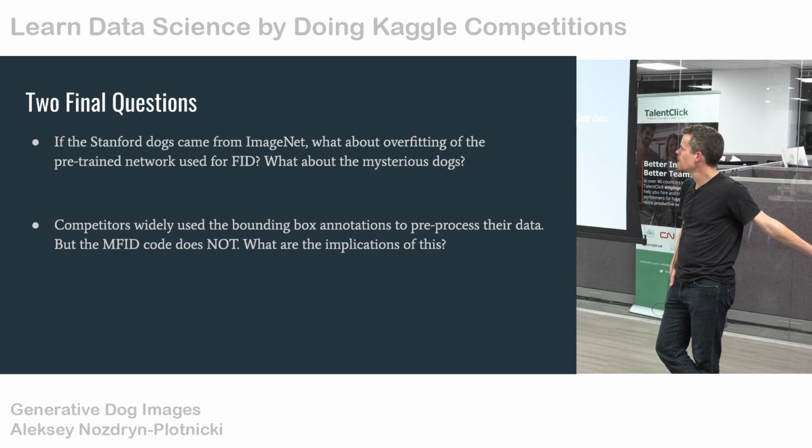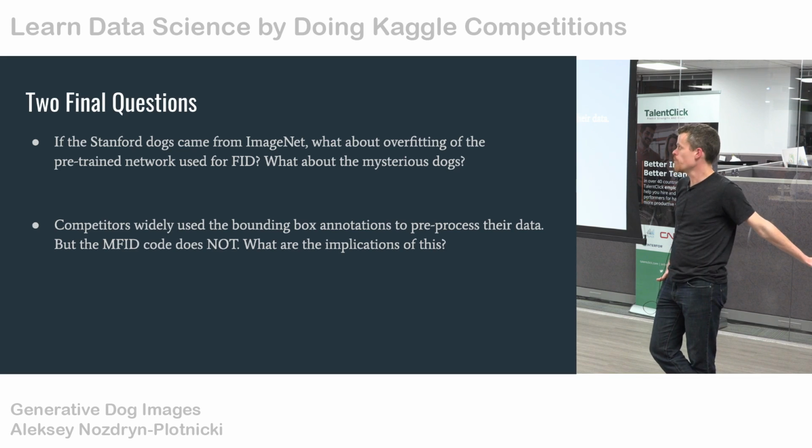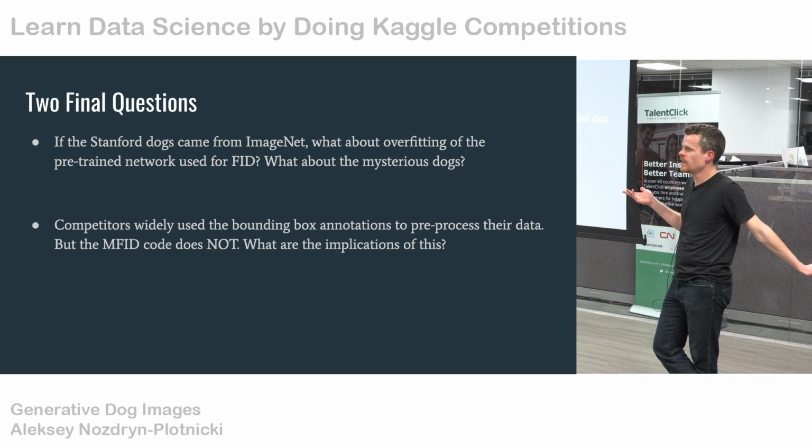And then the other thing that I thought was interesting, I wrote it for MFID, memorization-informed FID, but broadly, I do think it's interesting that all the competitors use the bounding boxes to cut down the images to just have a dog for their generator.